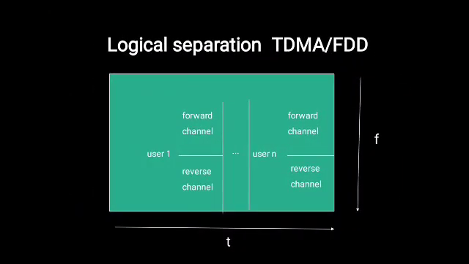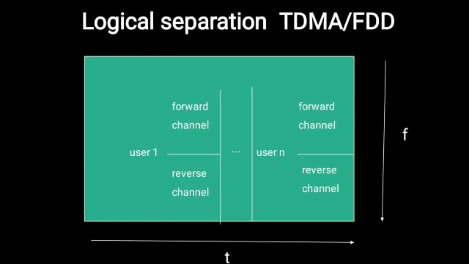Next, the logical separation for TDMA and FDD. Here each user is allotted a separate time period for their transmission. See that the time is separated here. Each user is allocated different time slots, but they use different frequencies for transmission, uplink, and reception, downlink.